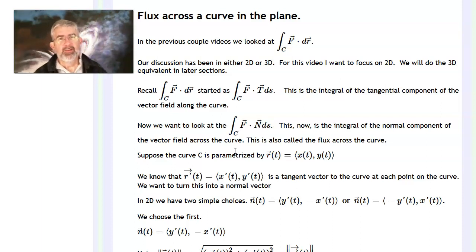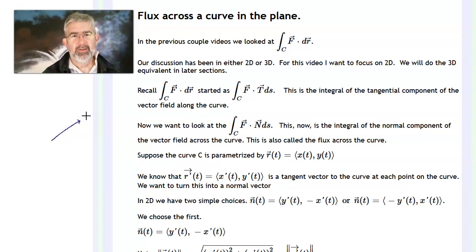Okay. So let's see if I can do this. So if I have my tangent vector here, so this would be r prime, then the normal vector would be rotated down to here. Right? And I'm using a lowercase n, not a capital N, for a reason which I will discuss momentarily.